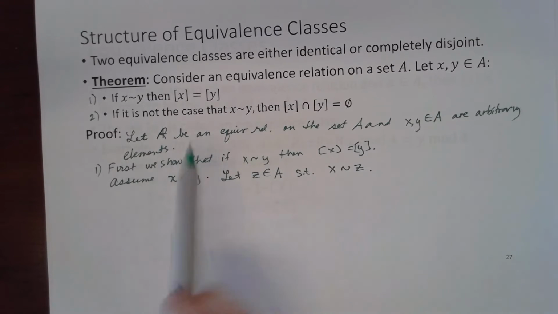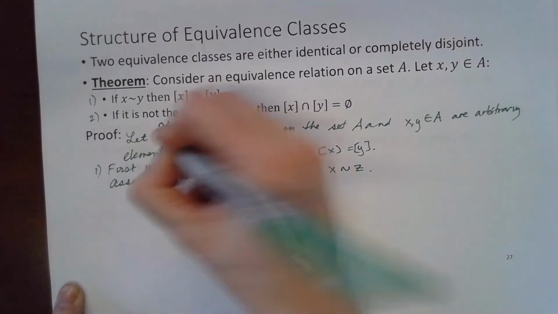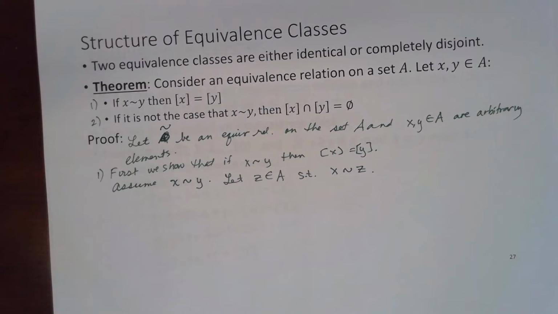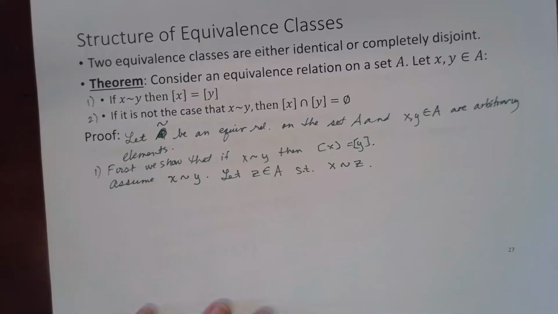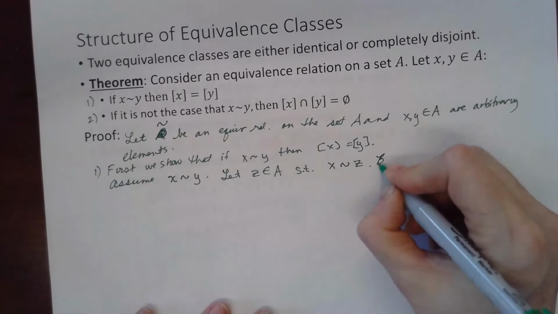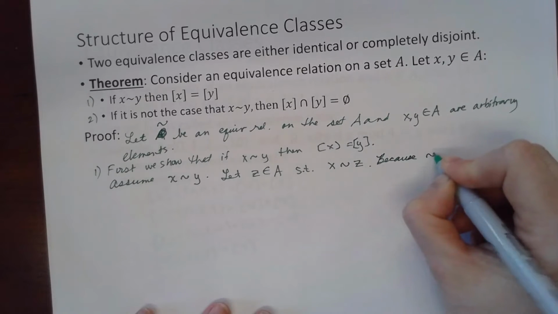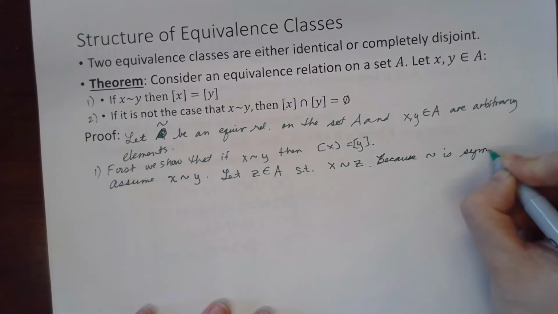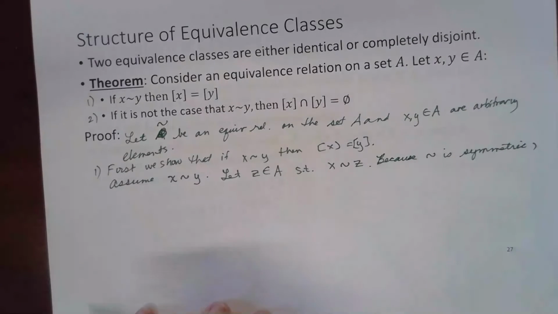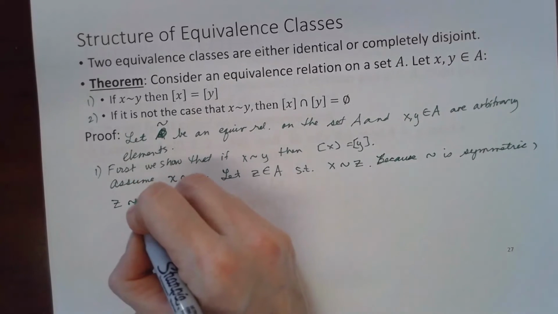Since we know those three things, we should be able to use them to make logical conclusions. For instance, if x is related to z, because the relation is symmetric, z has to be related to x.